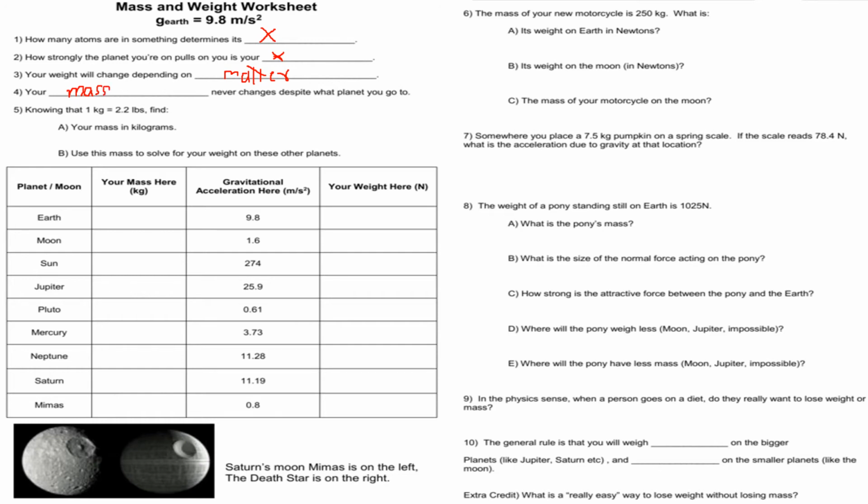Now, knowing that 1 kg is, find your mass in kilogram. Just leave this also. Look, let's suppose your mass is 35 kg.